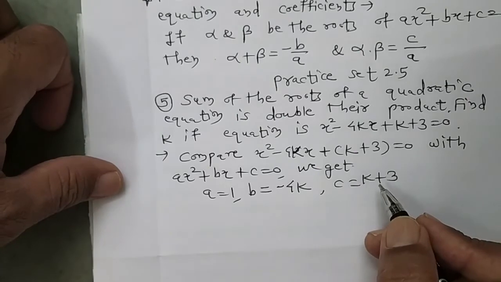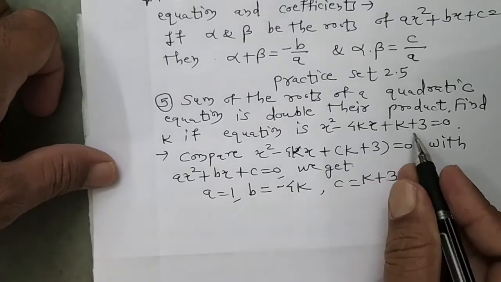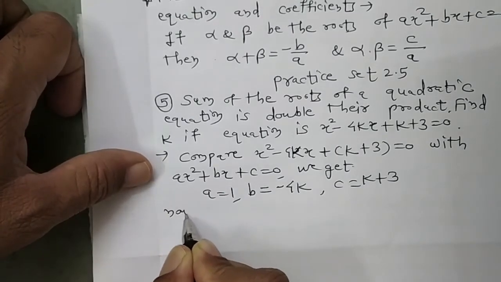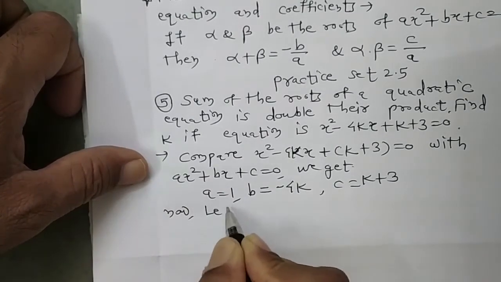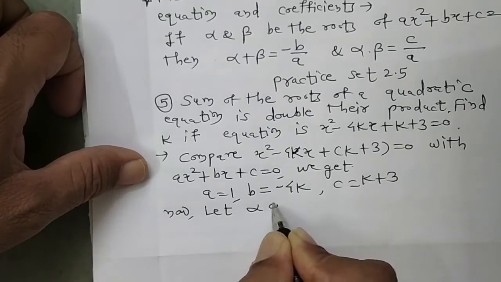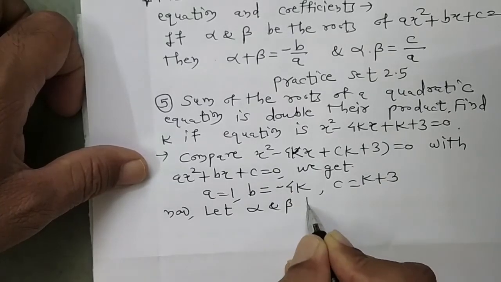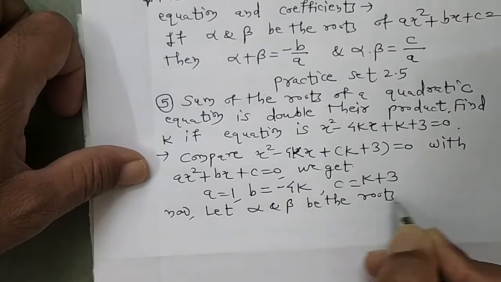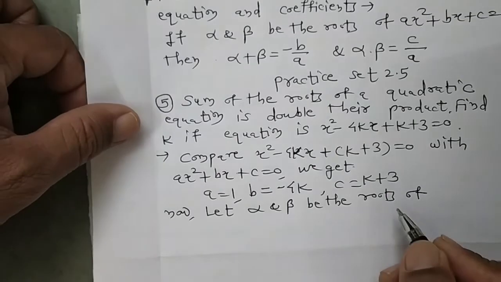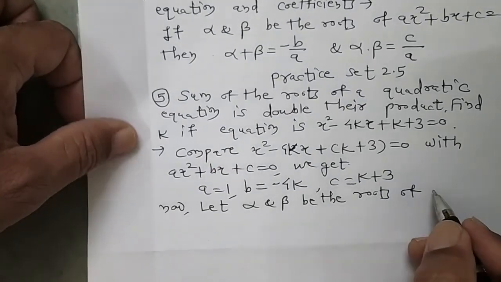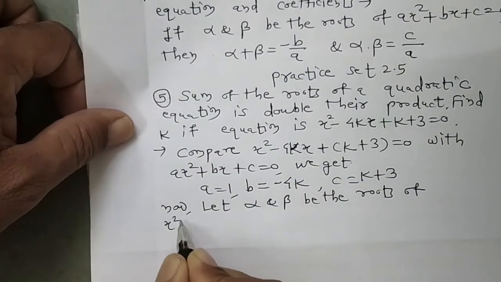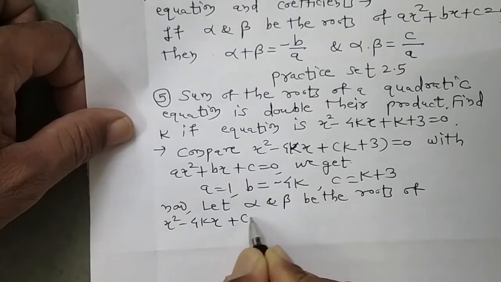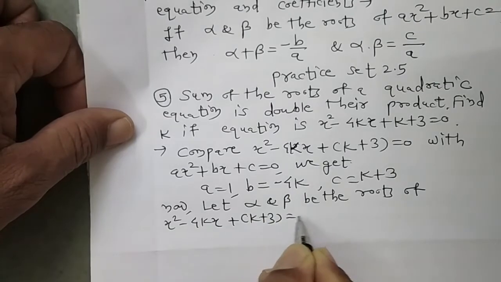Now let alpha and beta be the roots of x square minus 4kx plus k plus 3 equal to 0.